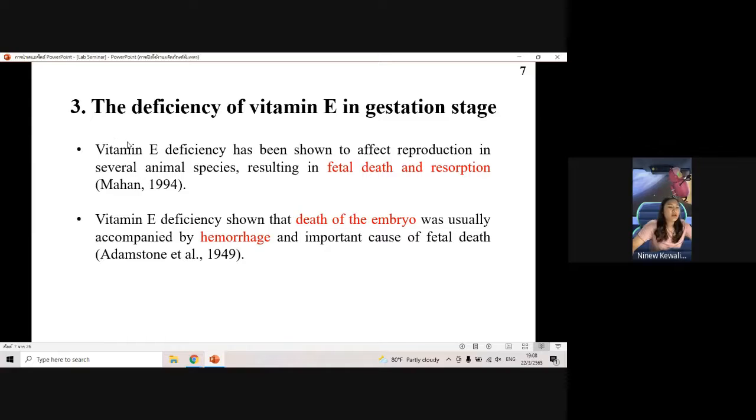Vitamin E deficiency in the gestation stage has been shown to affect reproduction in several animal species, resulting in fetal death and resorption. Vitamin E deficiency showed that the death of the embryo was usually accompanied by hemorrhage, which is an important cause of fetal death.